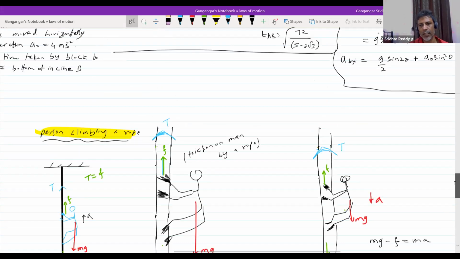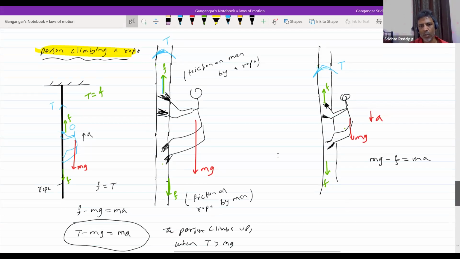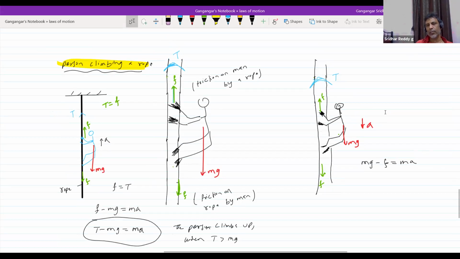Okay, everything is there in one place. Just make an observation. I will take one small problem based on this. Completed?